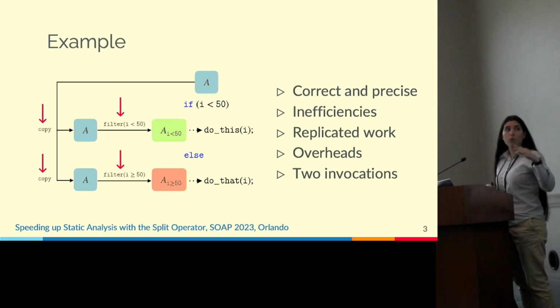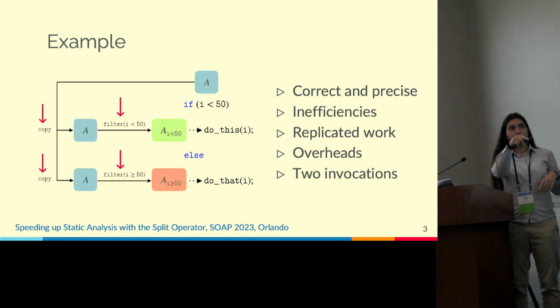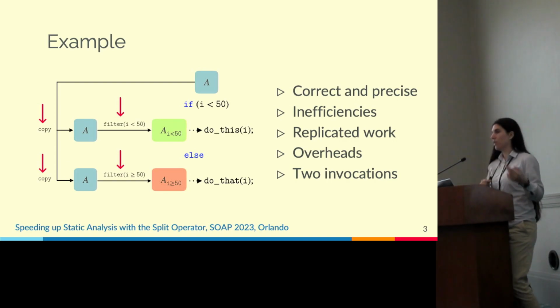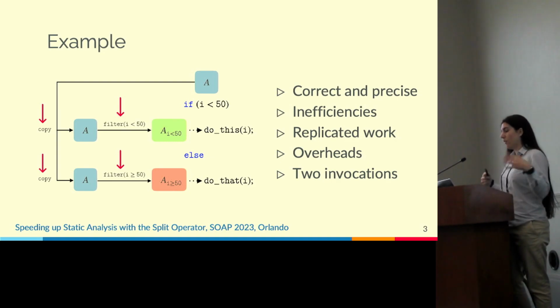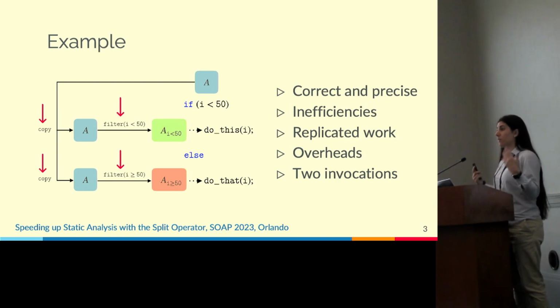Of course, we will produce the refined element for the condition and the refined element for the negation of the condition. As you can see, this approach is correct and precise because at the end we have the two elements that we desire that are refined correctly, but may incur some inefficiencies.